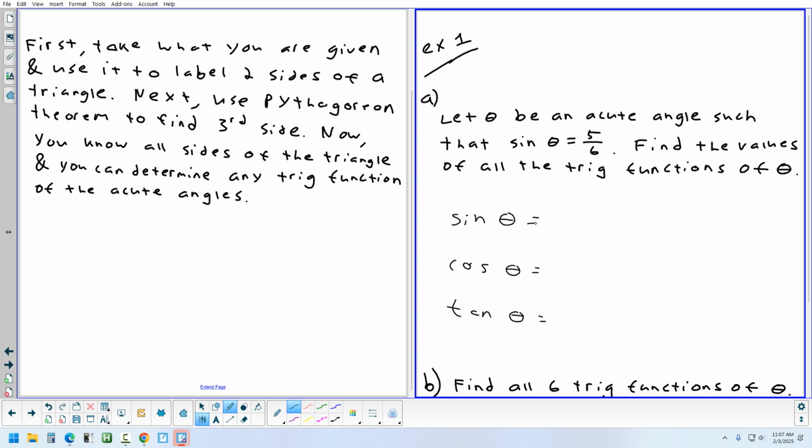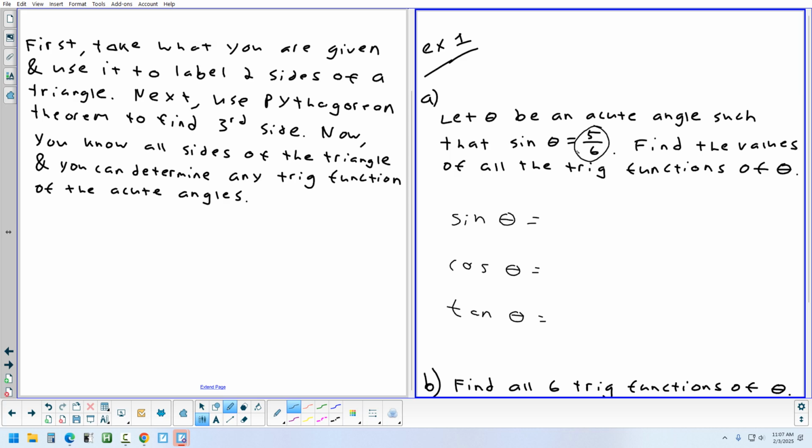Now, keep in mind, this whole time, you do not know how big the angle is. Is this angle 30 degrees, 40 degrees, 57 degrees? We don't know. All we know is a fact about the angle. We do not know the angle itself. Could we figure out the angle from this piece of information? Absolutely. That's tomorrow.